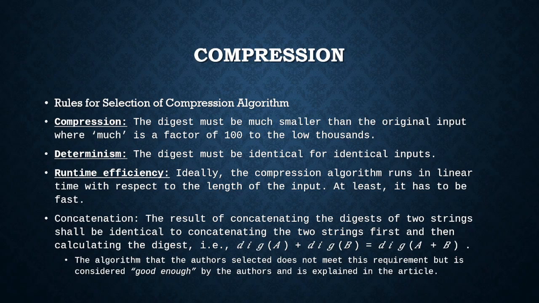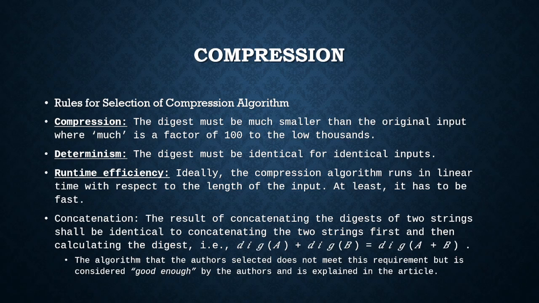All right? Now, the fourth one is runtime efficiency. Ideally, the compression algorithm runs in linear time with respect to the length of the input. We'll get into that one in a minute, because that was the determining factor of why they used the algorithm that they did.